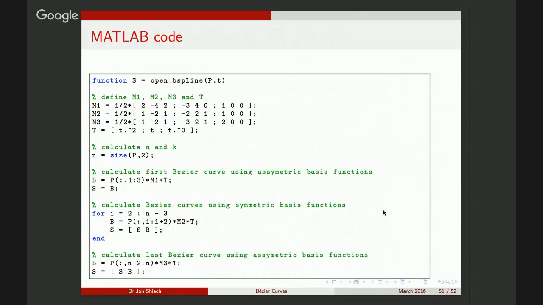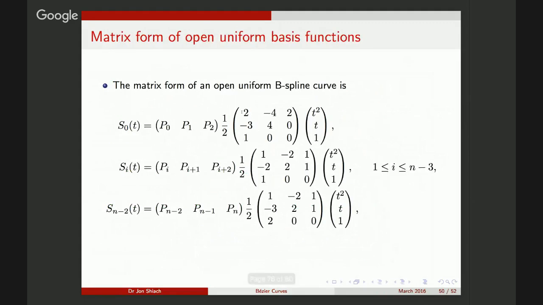So that's the MATLAB code for a B-spline. This time we've got 3 different M matrices, depending on whether we are at the beginning, in the middle, or at the end. For the one at the beginning, we calculate the first Bezier curve. That uses columns 1, 2, and 3, multiplied by M1. M1 was just this square matrix here.